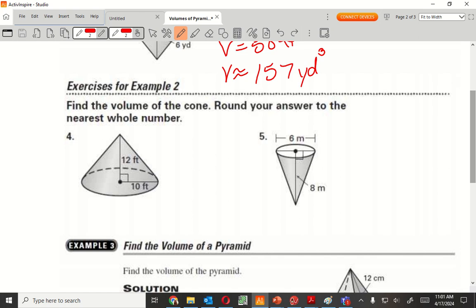Oh, here it is. Okay. There you go. Put that together. Get to work.